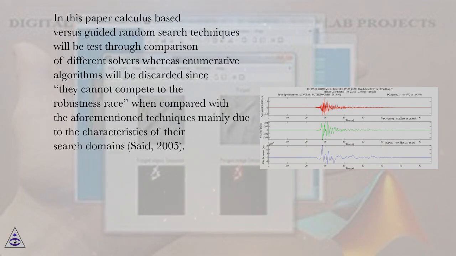In this paper, calculus-based versus guided random search techniques will be tested through comparison of different solvers, whereas enumerative algorithms will be discarded since they cannot compete in the robustness race when compared with the aforementioned techniques, mainly due to the characteristics of their search domains, Said, 2005.